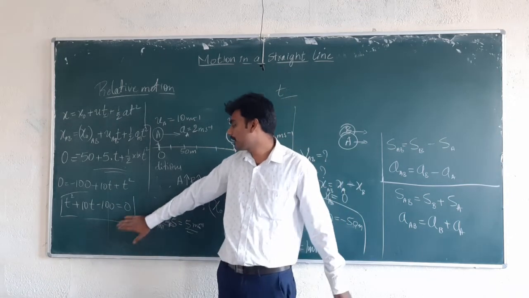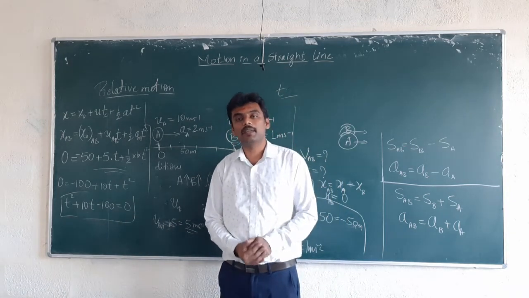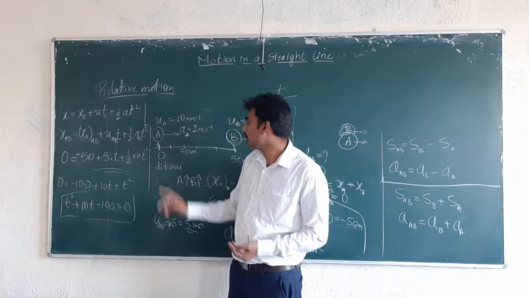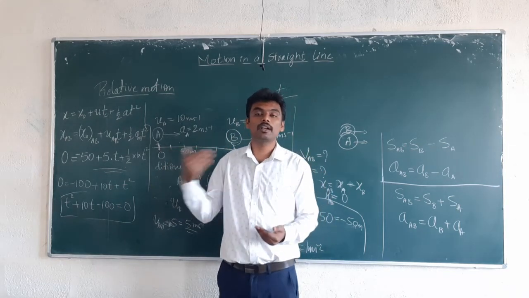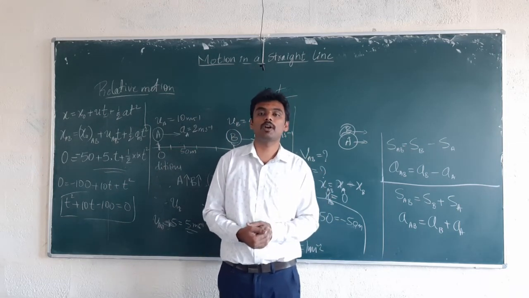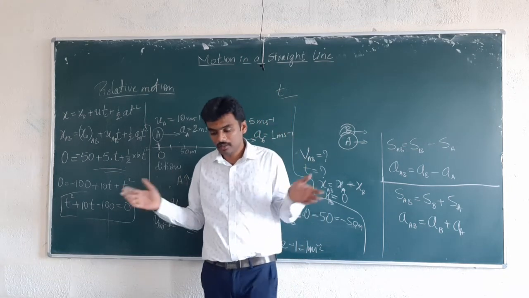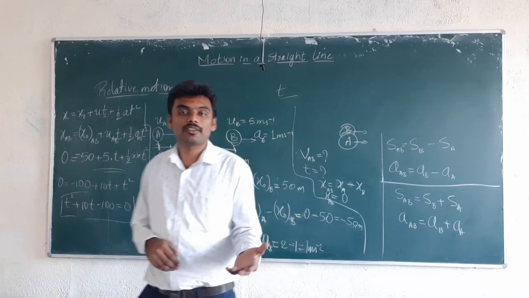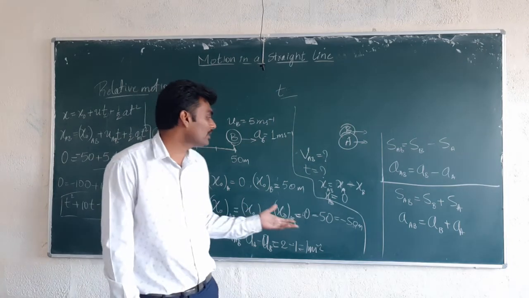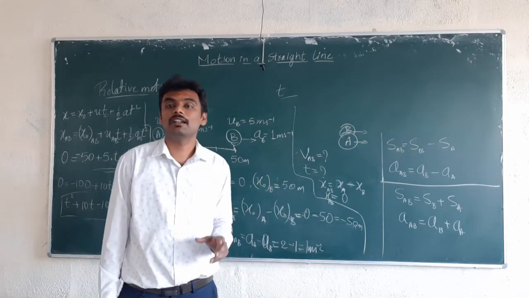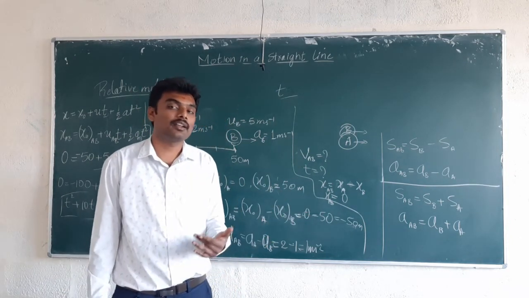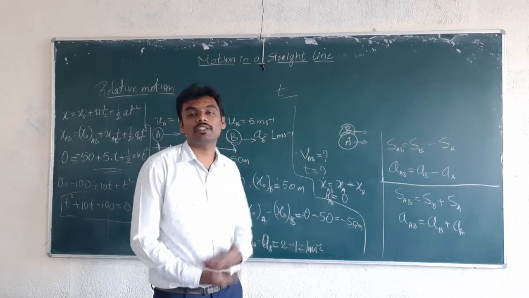So when you solve this equation, you will get the time taken by body A to overtake or to reach body B. Okay, I solved this example so that you get the idea how to consider relative displacements, relative acceleration, relative velocity.